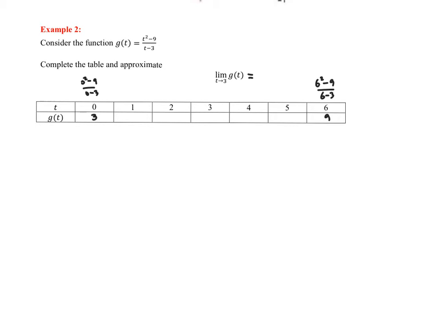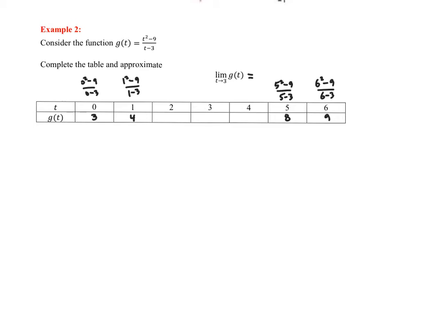Okay, let's go g of 1. 1 squared minus 9 over 1 minus 3. Well, it's going to be negative 8 over negative 2, which is 4. But g of 5, that'll be 5 squared minus 9 over 5 minus 3. 25 minus 9, which is 16, over 2, which is 8.